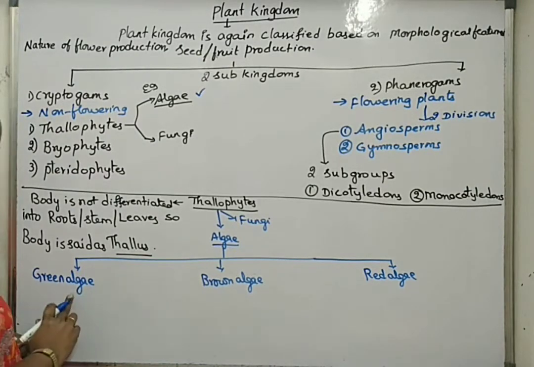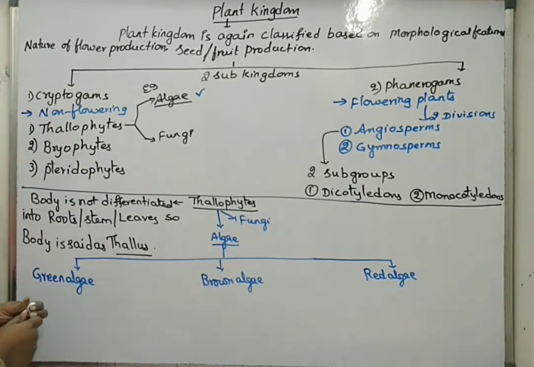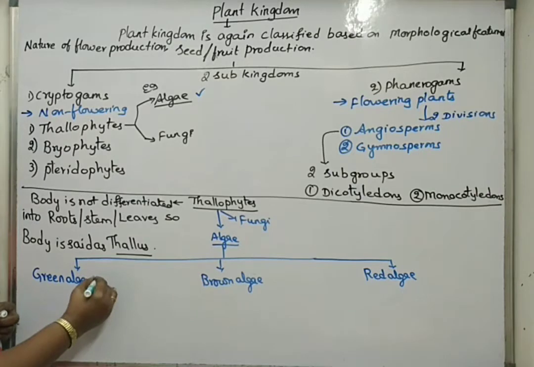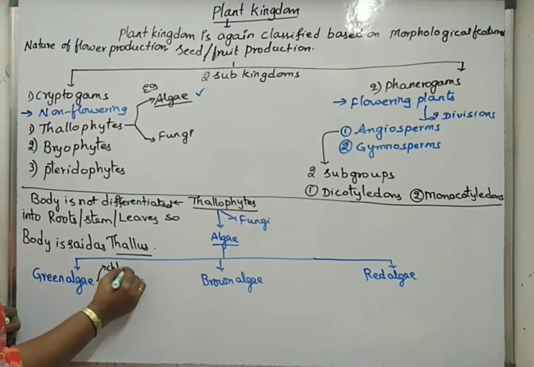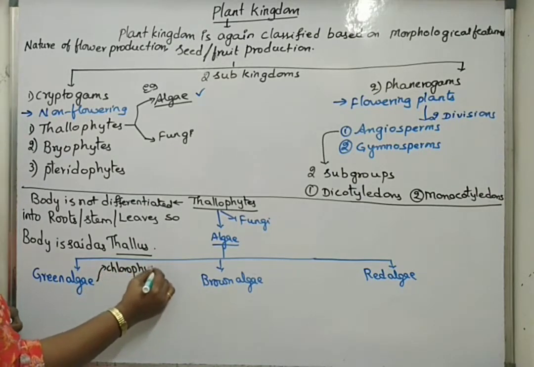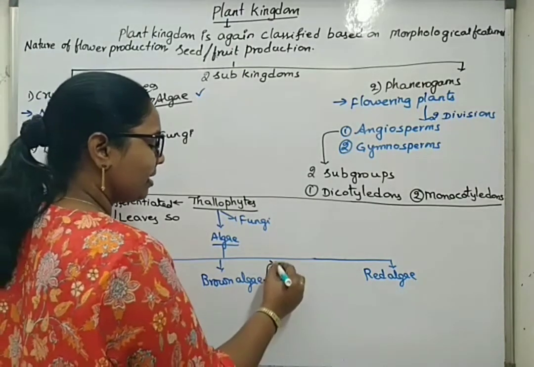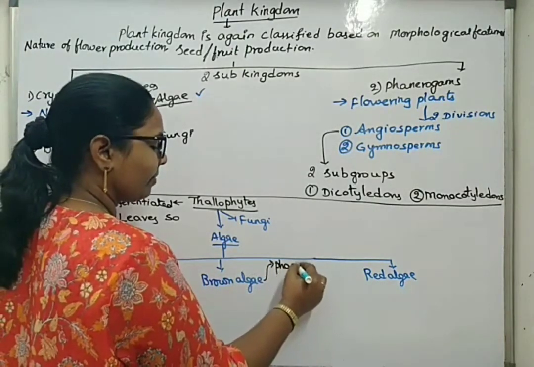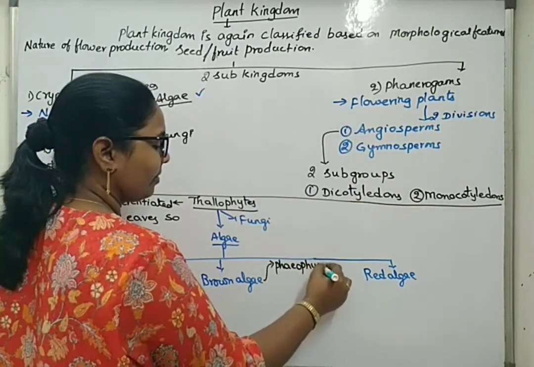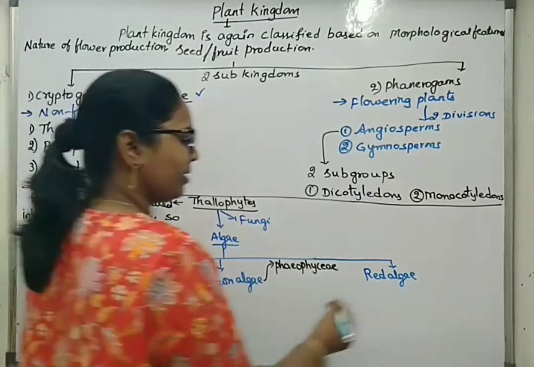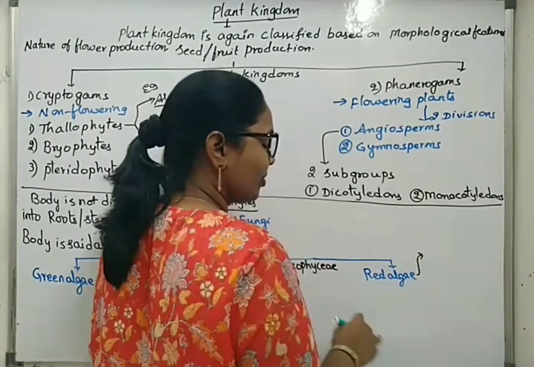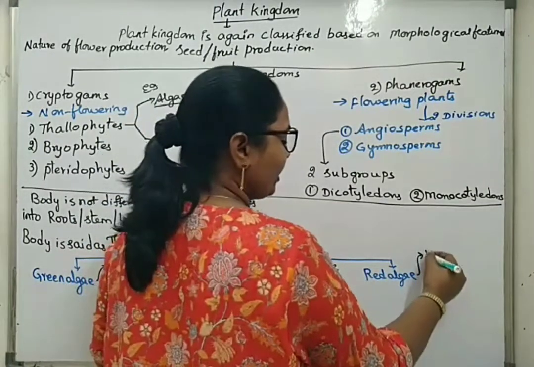Green algae are also called chlorophyceae members. Brown algae members are also called phaeophyceae. Red algae members are also called rhodophyceae members.